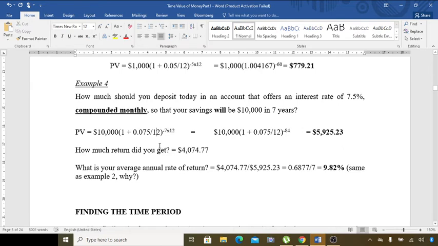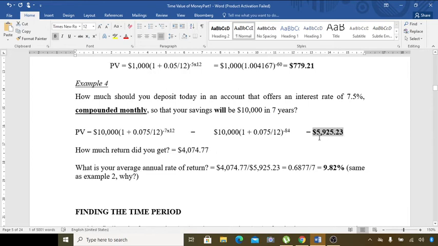When you want to use your financial calculator, make sure you find this first, which is 0.075 divided by 12, then you plus 1 here, and then to the power of negative 84. Then only you multiply by 10,000. That should give you 5,925.23.